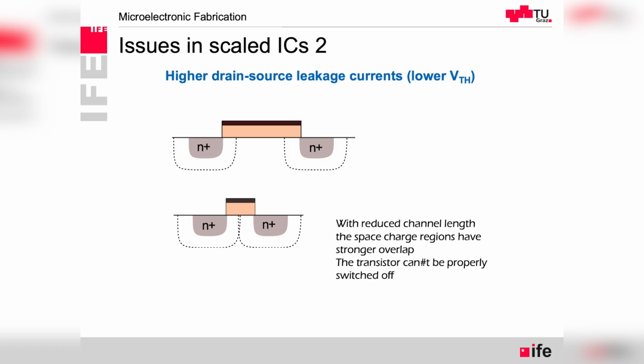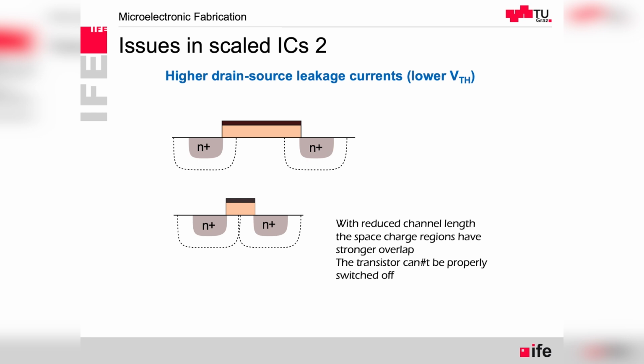So when we decrease the channel length, here we can see the drain and source diffusions, and they are biased as a reverse diode between the N plus and P substrate. In the normal operation of the transistor, for a PN junction we have this space charge region around it, depleted of charge carriers.